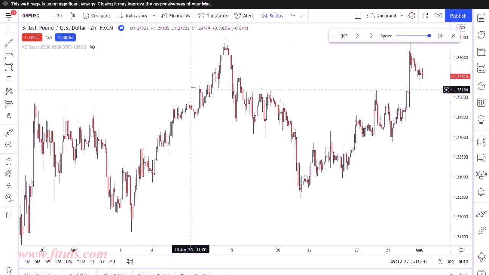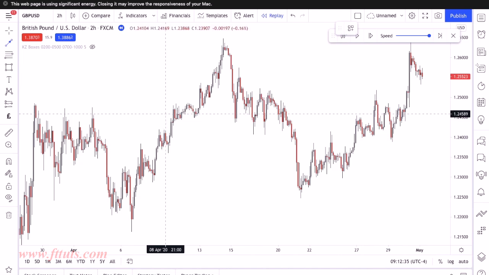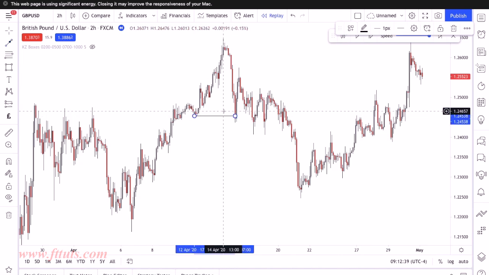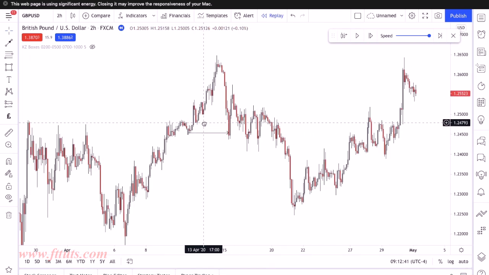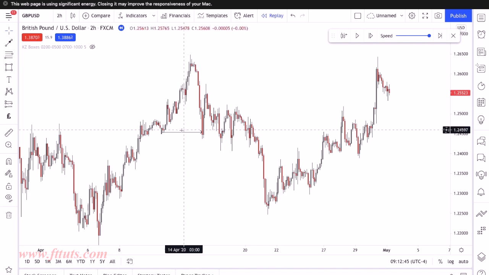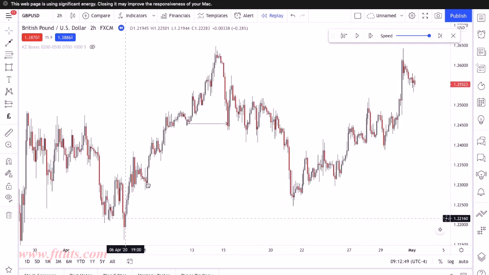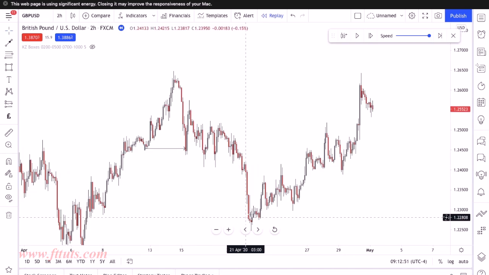So price is creating higher highs, right, and higher lows. Now, what can we identify happened right over here? Price broke structure, right? That was that last low, correct? Price broke that structure. And what do we have here? All of that imbalance, right? Now, once we identified that break of structure and we identified this imbalance down there, we now know price must come back to fill in this imbalance up here.